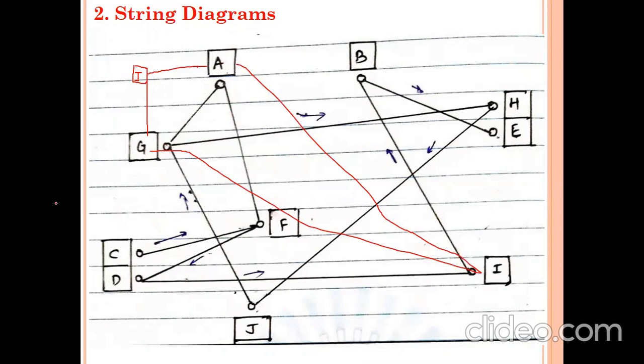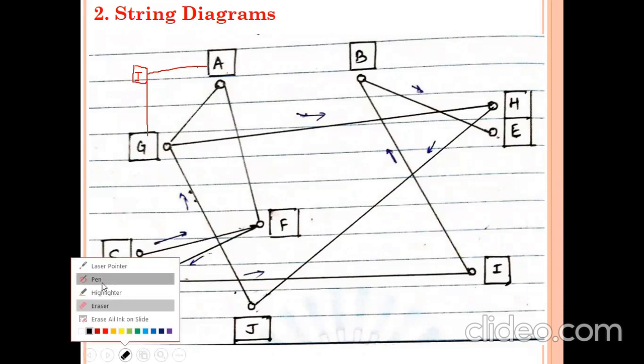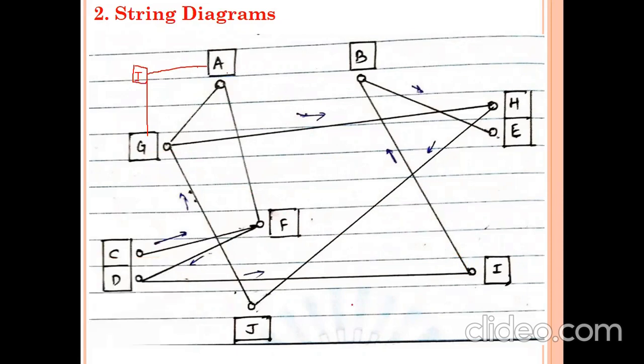Whatever the traveling time is, it will be reduced. Can we shift the I machine or I workstation to this particular point so that the traveling time is reduced? Because of that reduction, there will be an increment in productivity.